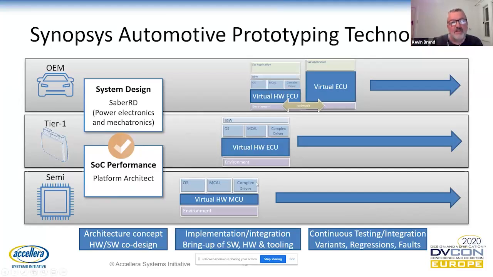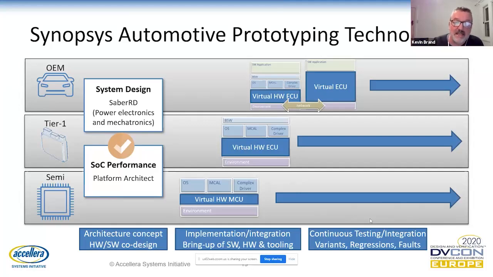But it fits generally with the many use cases of the OEM and the tier one. At the semi and tier one level, architectural and performance studies are of course very important. That was mentioned earlier by Ingo. You're doing early studies of compute hardware, and these can be executed with a tool called Platform Architect.